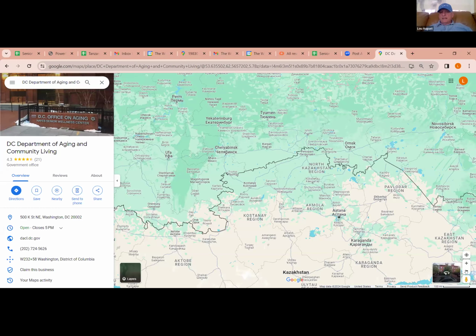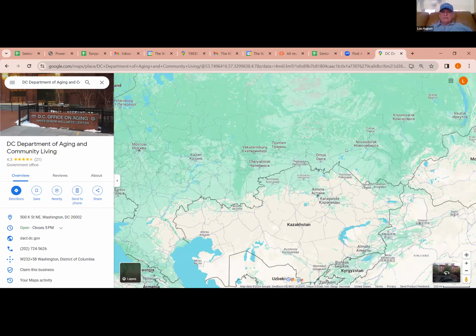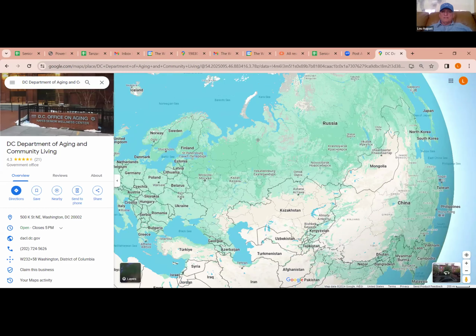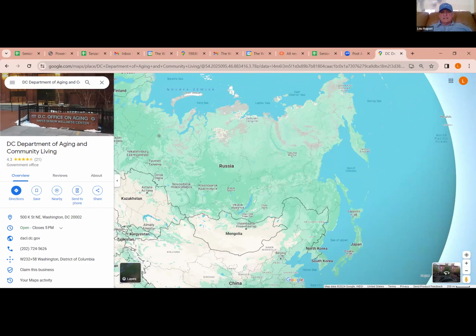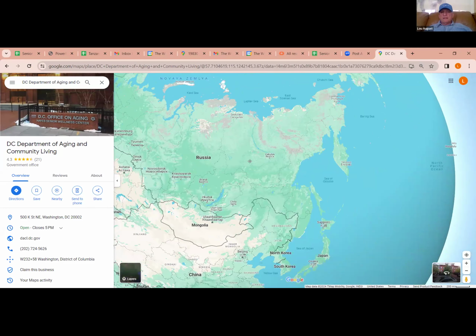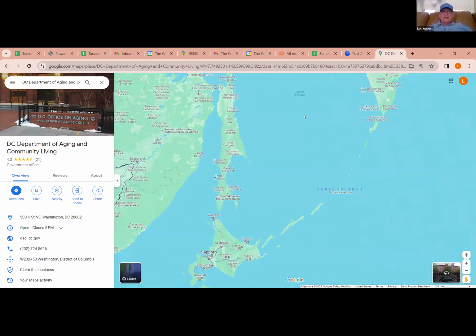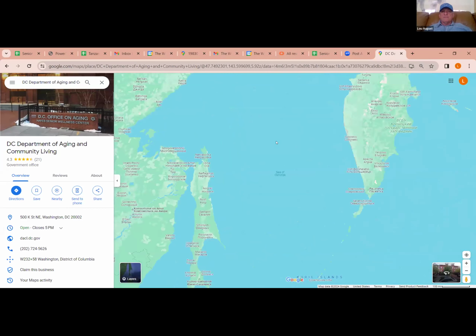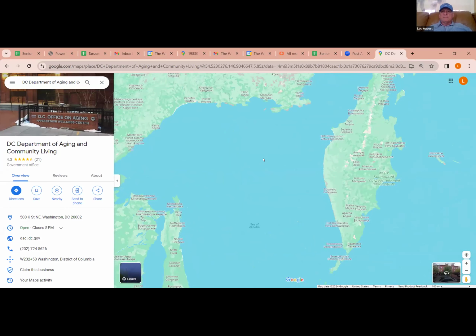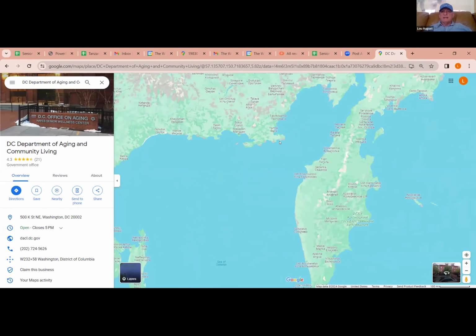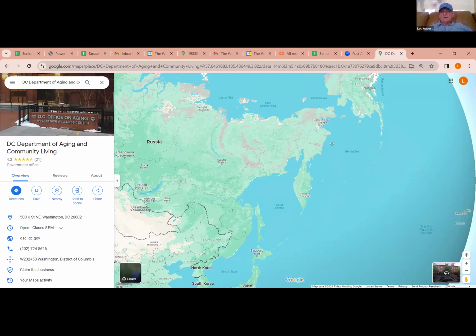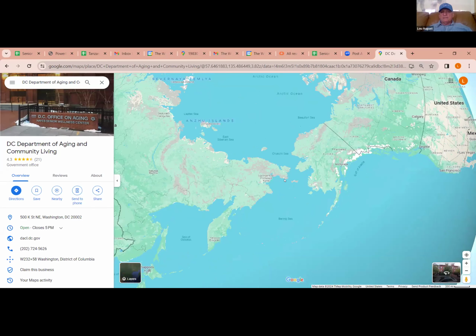If you keep going across to the opposite side of the country, they have the city of Vladivostok, which is around here someplace. And it's not far from there. It's only about 90 miles across the Bering Strait to get to Alaska. That's Russia over there.